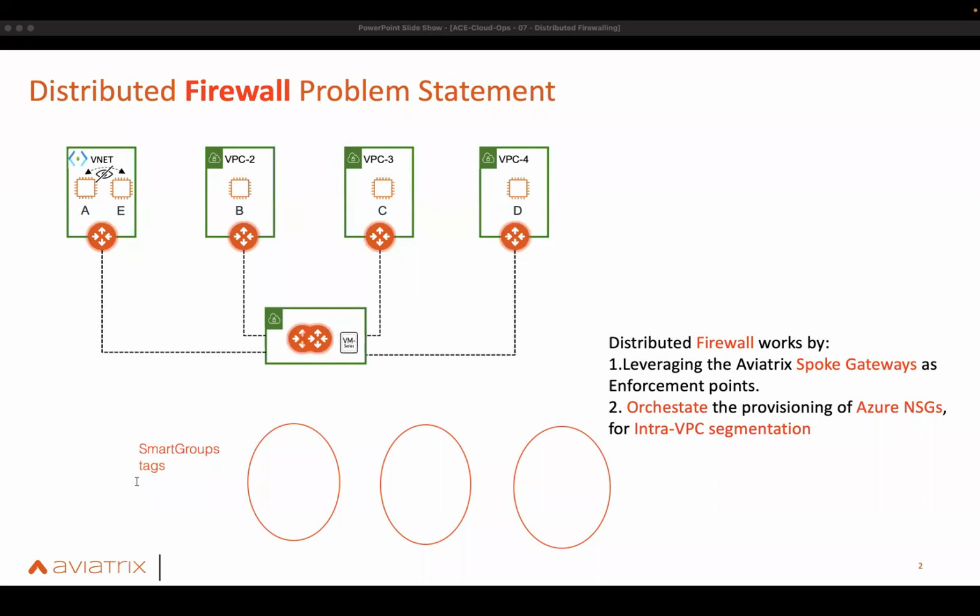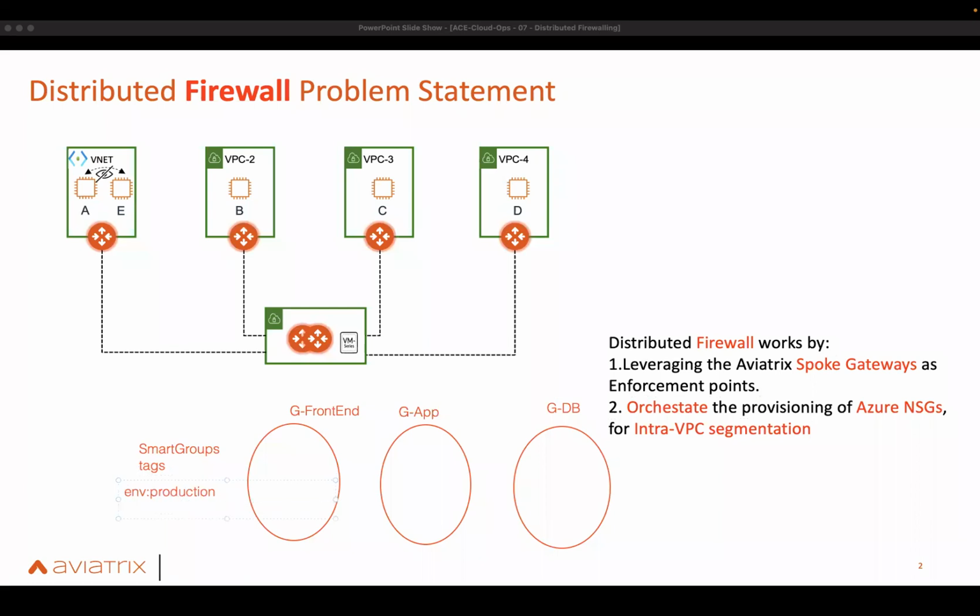So the idea is, again, I'm just giving an example. Let's assume that you have a group, let's call it group front end, and a group app, and the group database. Again, I'm making it very simple. And you can say maybe for front end, please go and fetch all instances that have, let's say, environment production.